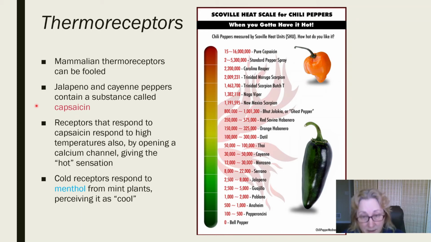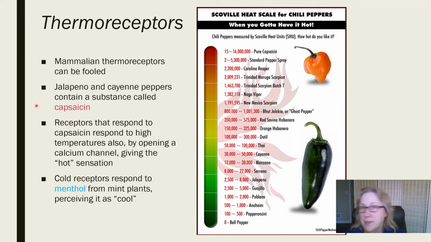So the neurons that detect heat are sending the action potential, so that tells your brain this is hot. And then eventually when the nociceptors get recruited in, because there's so much stimulation, then that tells your brain, I am getting tissue damage, I am being burned, this is hot, it's burning me, it's painful. But there isn't any tissue damage occurring. Our brain is being fooled by this.